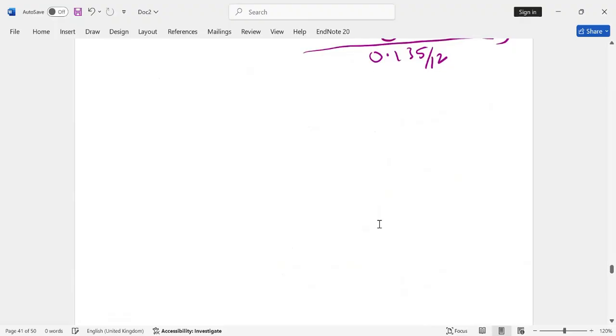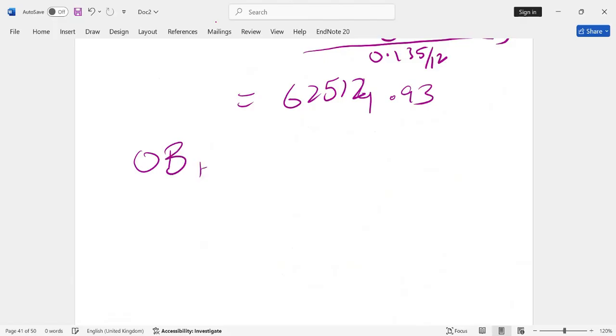After simplification, we have the answer is 625.1493. Now you just put OB before lump sum.